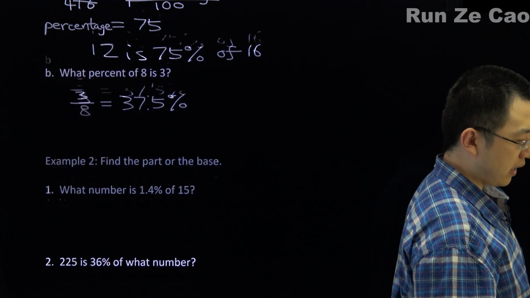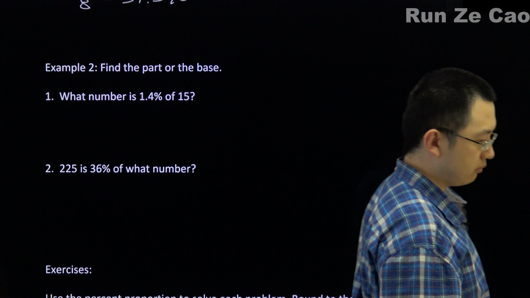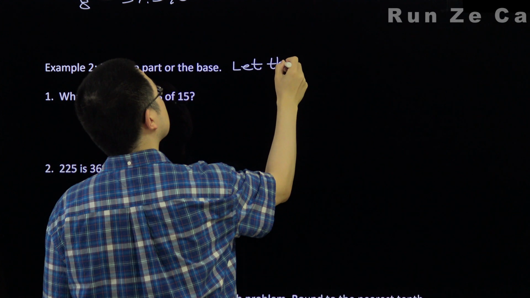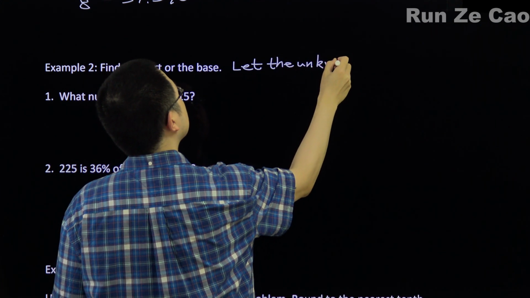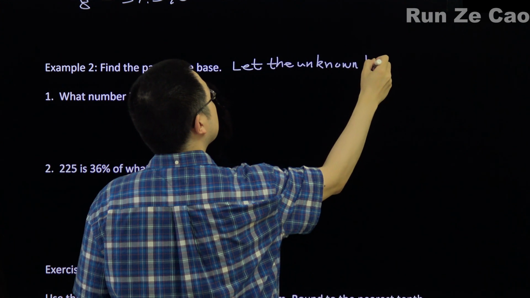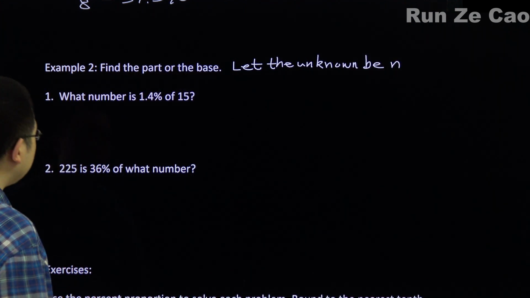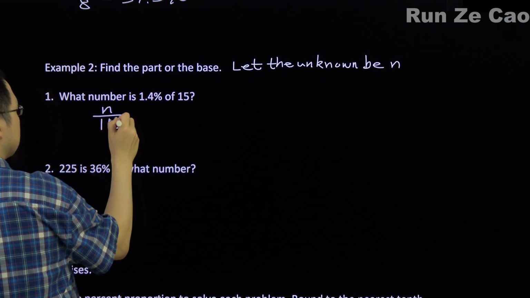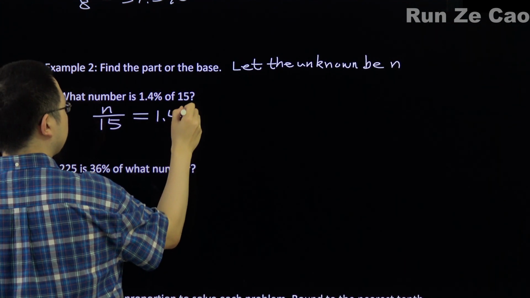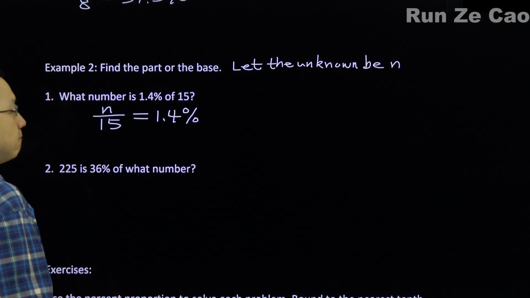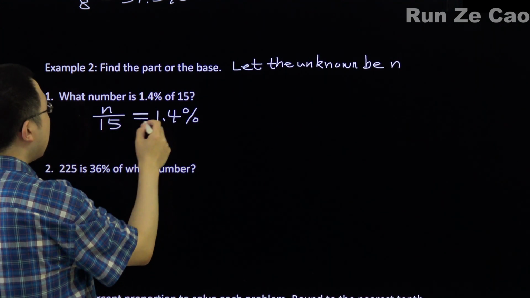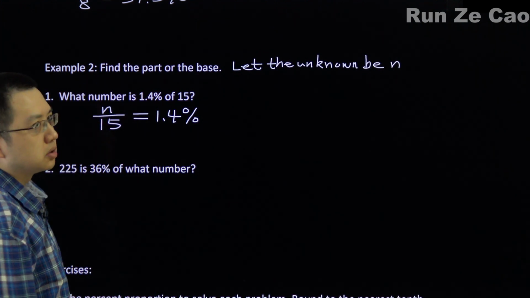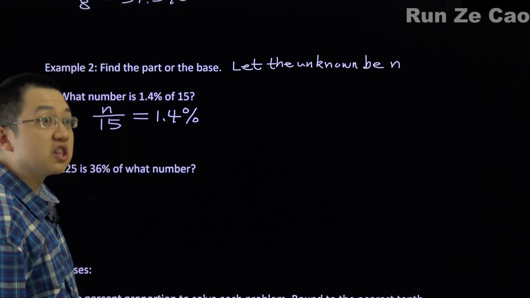Okay, guys, find the part or the base. Let the unknown be n. What number is 1.4% of 15? So n over 15 equals 1.4%. Basically you could have gone n is equal to 1.4% times 15, because 1.4% of 15 is literally the multiplication.